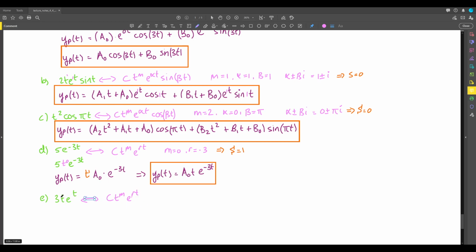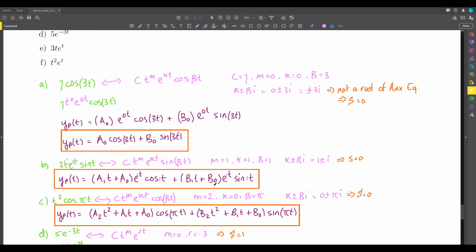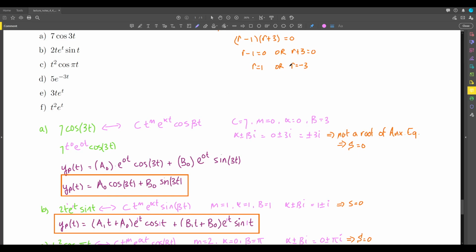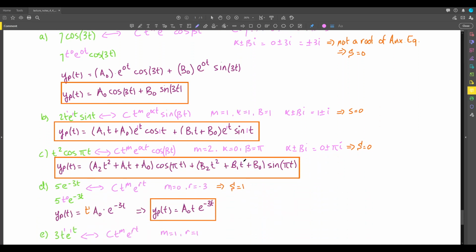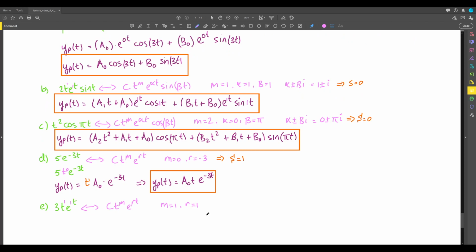And we see that m is equal to 1. And we see that r equals 1. Now, r equals 1 is a root of the auxiliary equation, and it's a simple root, or a root of multiplicity 1, so that means that s equals 1.